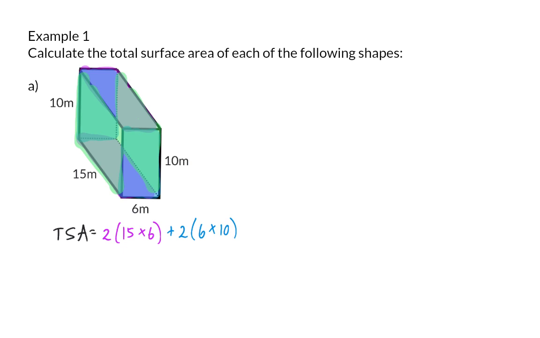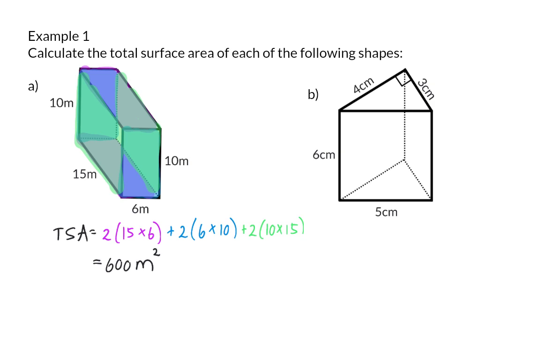So finally, in my calculation, I add 2 of the 10 by 15 rectangles. This gives a total surface area of 600, and for area, we always work with the unit, in this case meters squared.